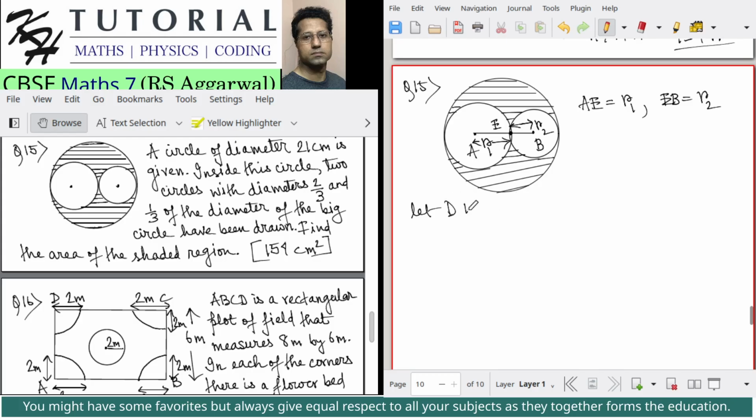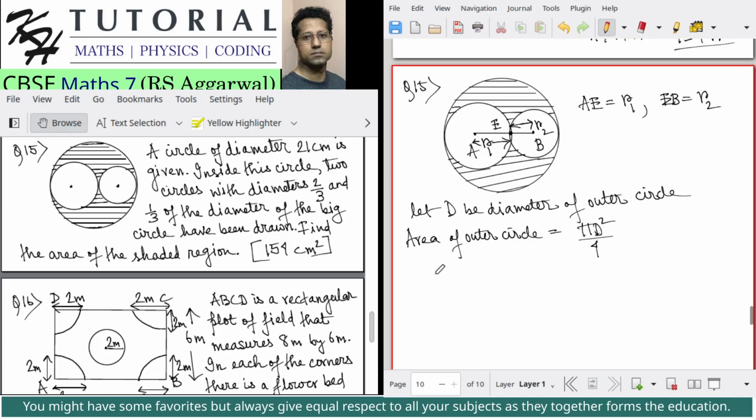Let D be the diameter of the outer circle. We know the area of a circle in terms of diameter is pi diameter square by 4. So the area of the outer circle will be pi D square by 4.